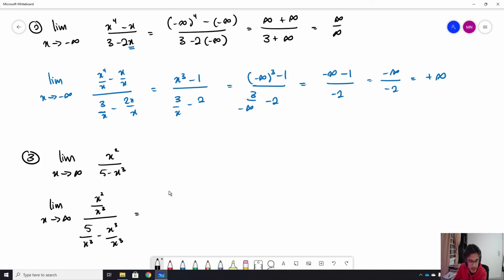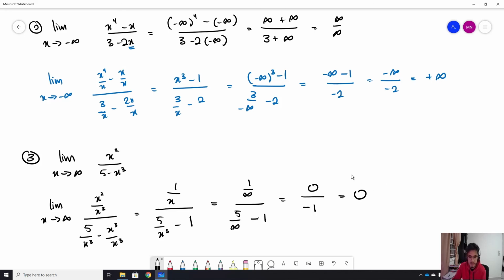So we are left with 1 over x power of 2, 1 over x over 5 over x power of 3 minus 1. So then we get here is 1 over infinity over 5 over infinity minus 1. So 1 over infinity is 0, 5 over infinity is 0, minus 1. Then we get here is 0.